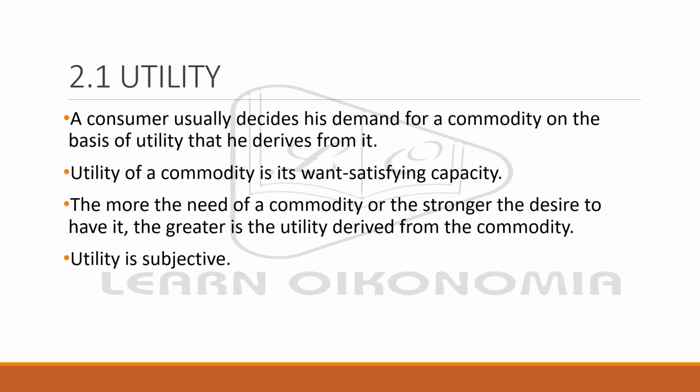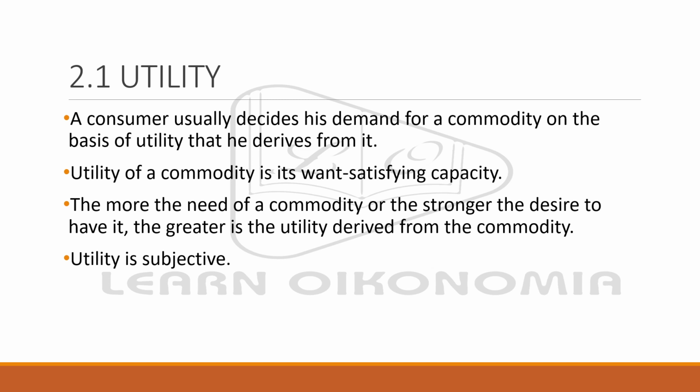Okay, so in the first section itself, in the text, it is told about the utility aspect, and we have to see what utility is all about. This is a very important concept that you have to understand, and we will be using the concept of utility throughout this chapter.